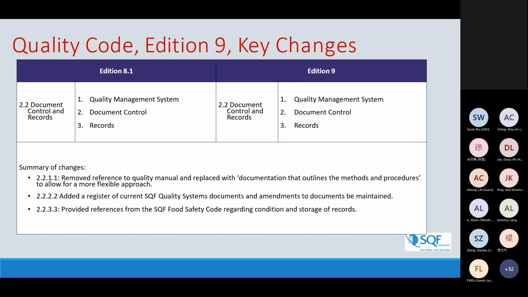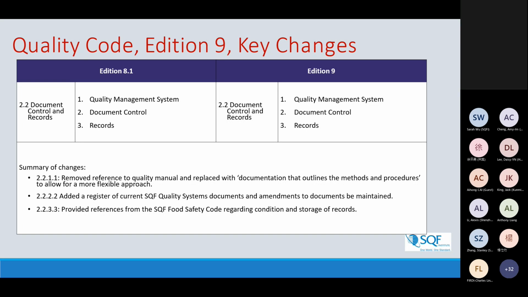2.2, which is document control and records, very little change there. Removed reference to the quality manual and replaced it with documentation that outlines the methods and procedures to allow for a more flexible approach. It allows for electronic documentation rather than just a hard copy quality manual. We've added that a register of current SQF quality documents and amendments to documents be maintained.